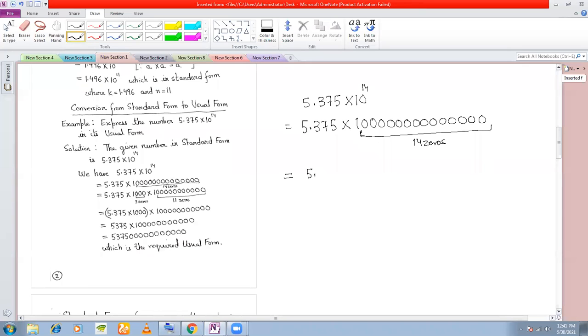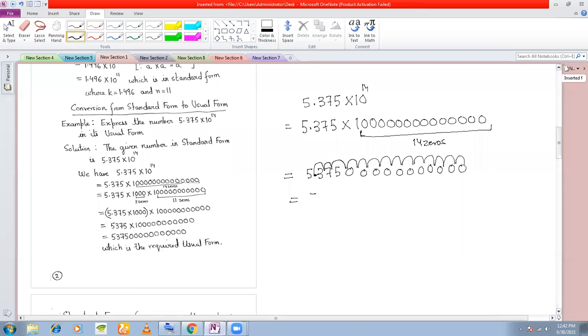So that means you have 5.375 here. We are going to shift this decimal point 14 places. So 1, 2, 3, 4, 5, 6, 7, 8, 9, 10, 11, 12, 13, and finally 14.